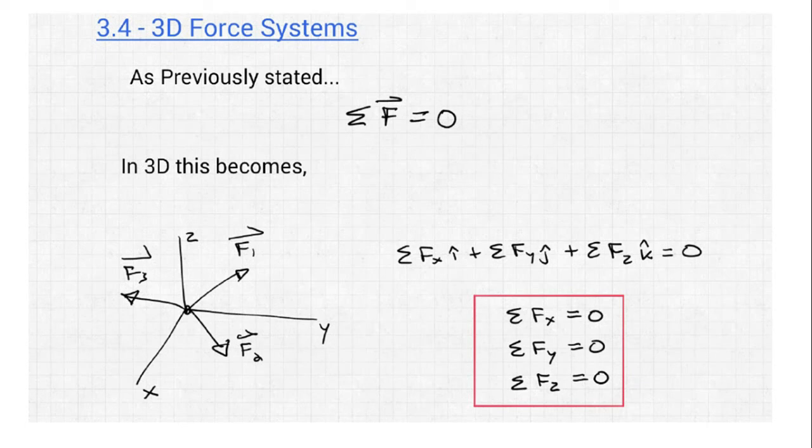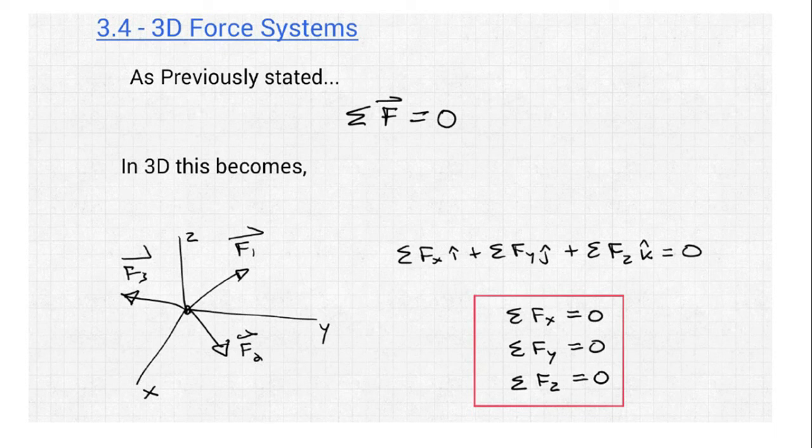This is called a three-dimensional force system, and for individual components, the same logic will apply. We will add all the components along i: sigma F1x i plus sigma F2x i plus sigma F3x i equal to 0. Then sigma Fy j equal to 0: sigma F1y j plus sigma F2y j plus sigma F3y j equal to 0.